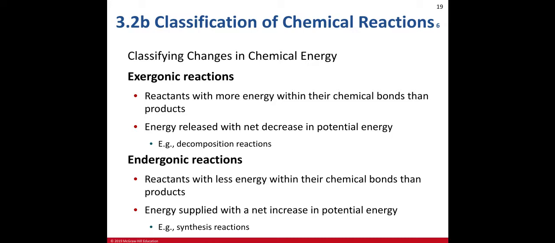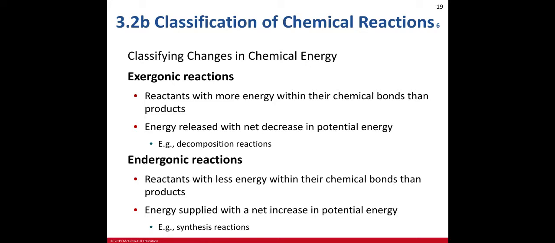We also want to classify our chemical reactions as either exergonic or endergonic. Exergonic reactions happen when reactants have more energy in their chemical bonds than the products. So there's a net decrease in the potential energy.